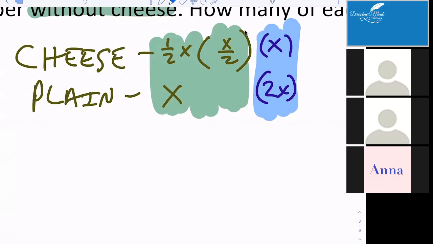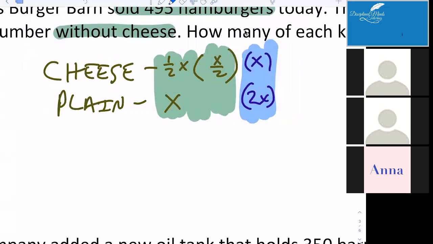Now, how many were sold altogether? So Trumbull, what equation am I going to write? 2x. What are you doing? Sean, help him out. I don't know why he's stumbling on that. 495. No, you're not doing it differently. You're doing it like I'm doing it, or you're doing it wrong.